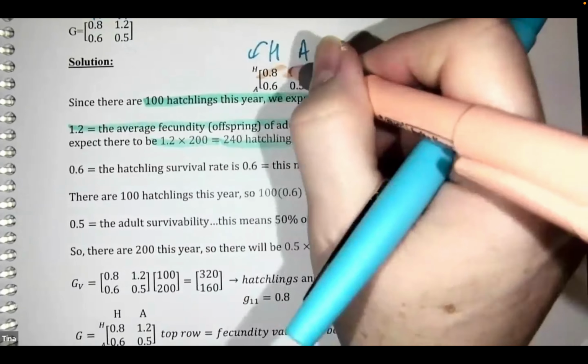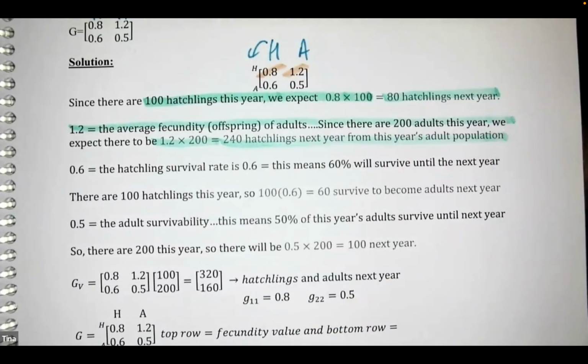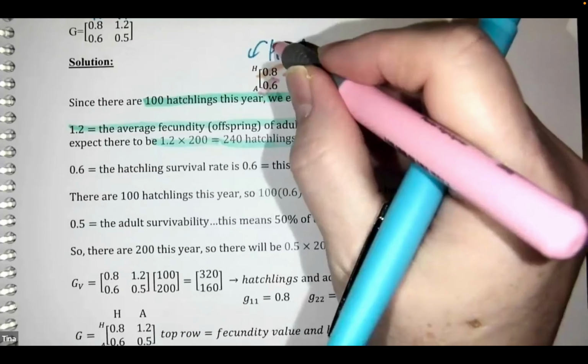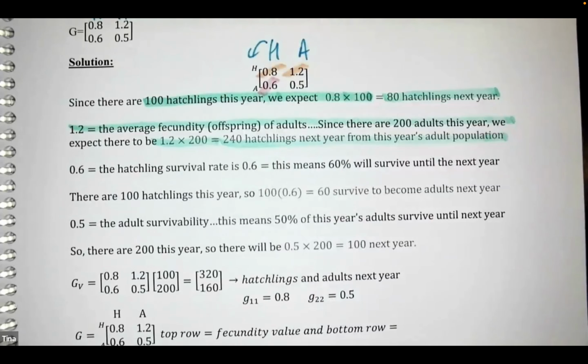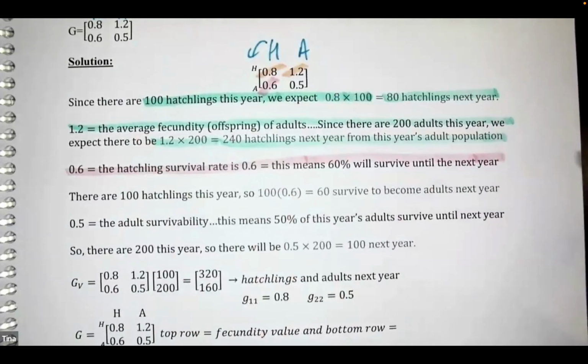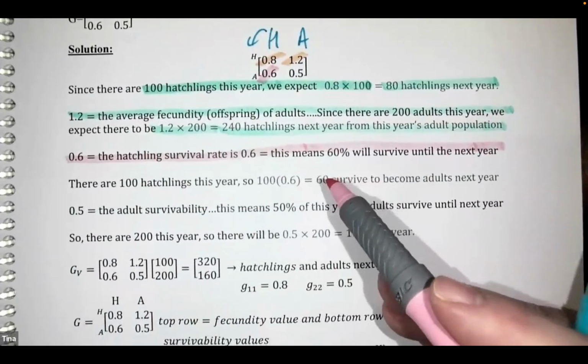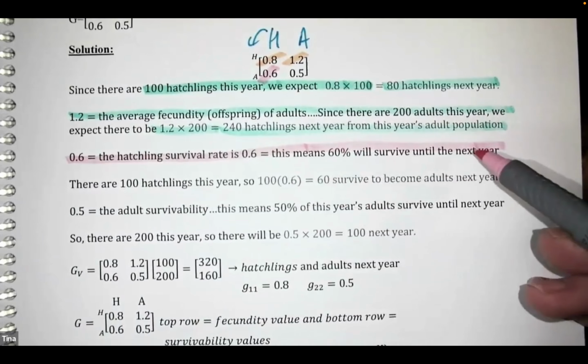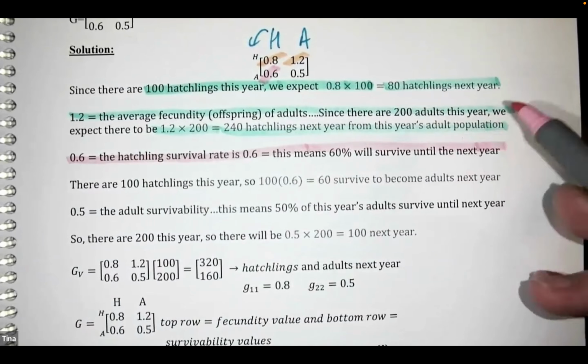So that's those two. And then if we look at the 0.6, hatchlings to adults is 0.6. Hatchling to adult means, what percent of the hatchlings are going to survive to become adults. So 0.6 is the survival rate. That means 60% of the hatchlings will actually survive into the next year to become adults.